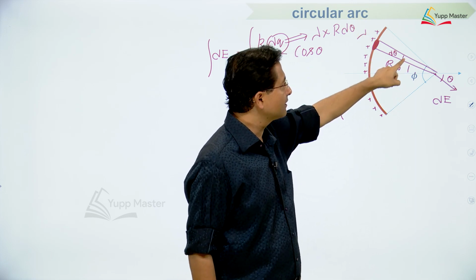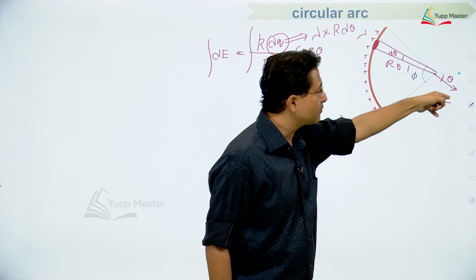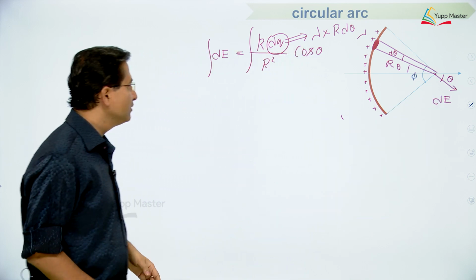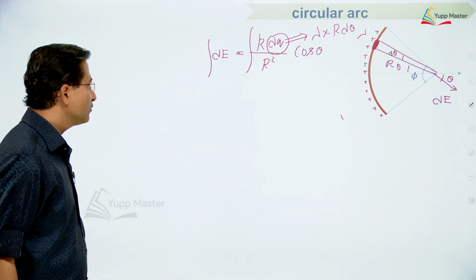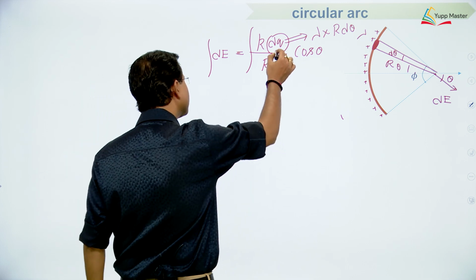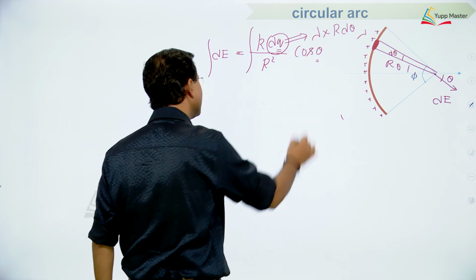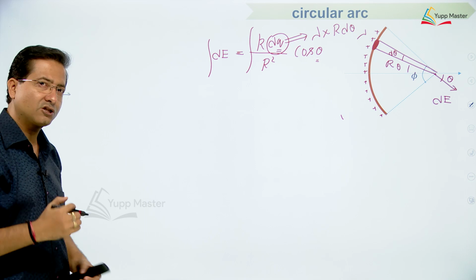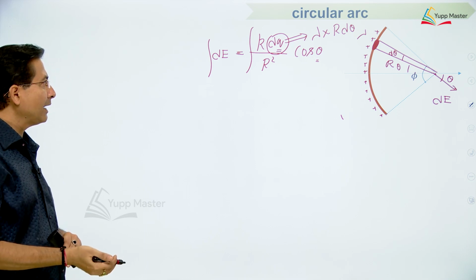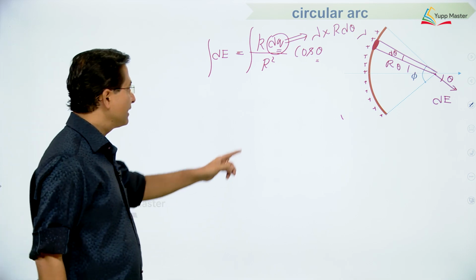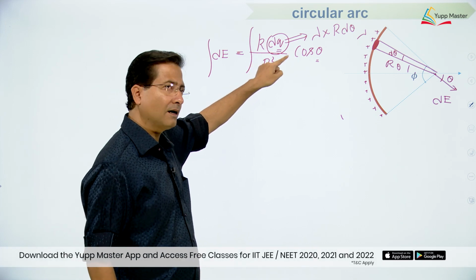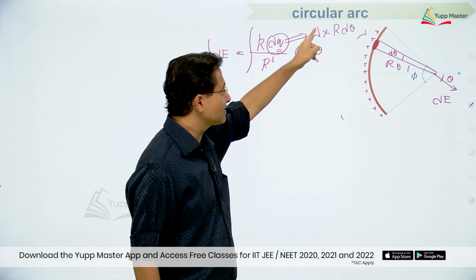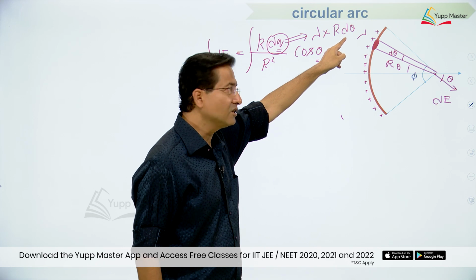So I have taken this angle theta which is subtending d theta at this particular point, and that I need to integrate, right. Here you can see that there are two variables, one is charge, another is angle. So either I can convert charge into angle or angle into charge. It's easy to convert charge into angle. I can write the constant, that is lambda, into r d theta.